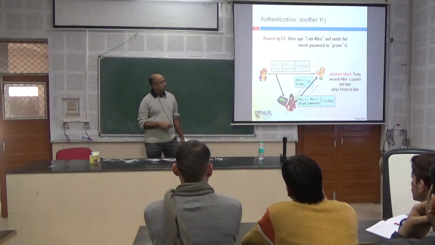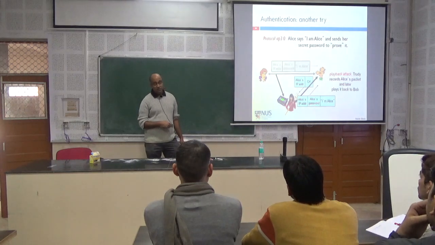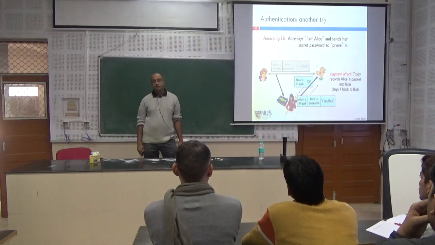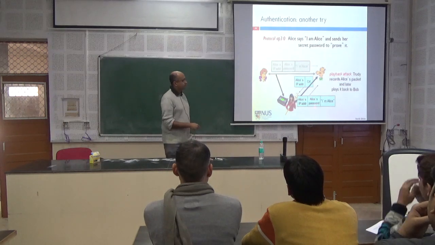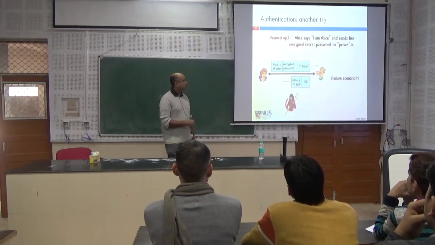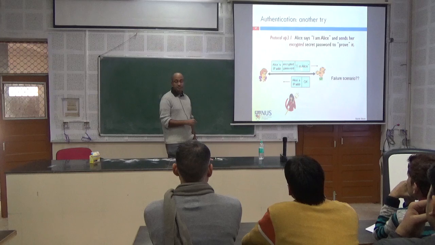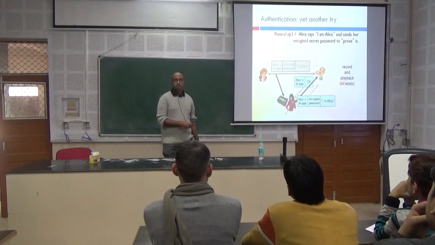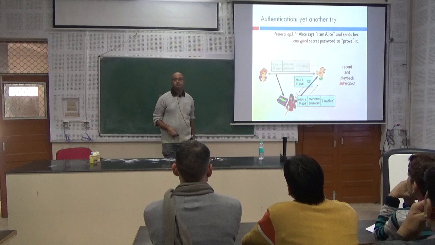So Bob gets a message saying, I'm Alice, it has the password he's looking for, and it has the IP address. Even if it is an encrypted password, it doesn't make any difference. I can record the same thing and send it, and Bob will decrypt it. So that doesn't work either.